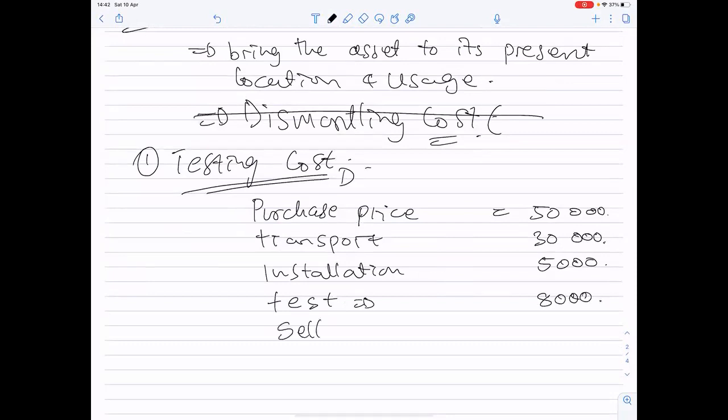Then the selling price of those items, you sold those items for 3,000.